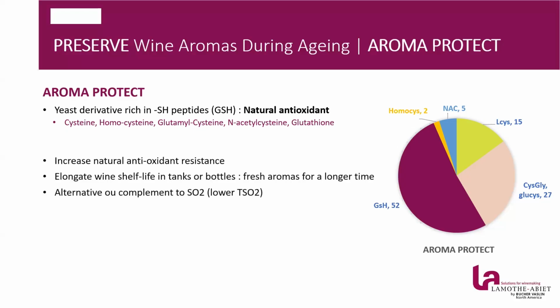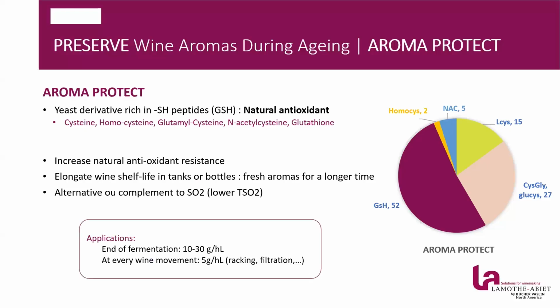So it will increase the natural antioxidant resistance of your wine, meaning that you can add less SO2 during the aging, and it will preserve your aromas in your tanks or in your bottles. So using this will also help you to have a lower total SO2.